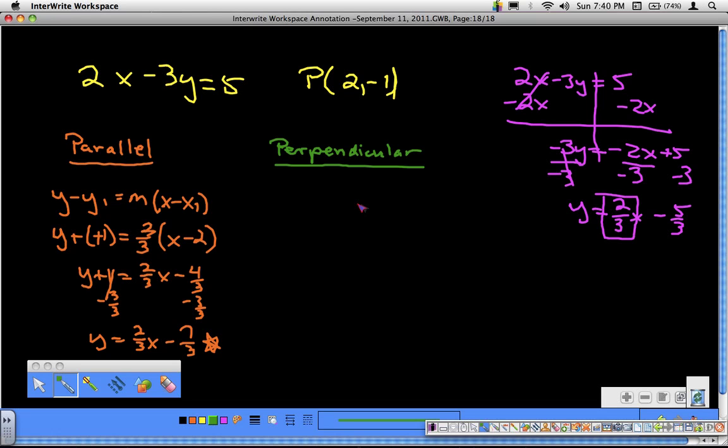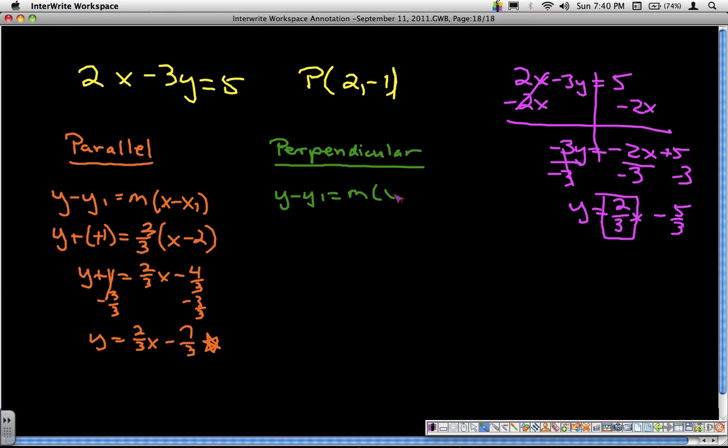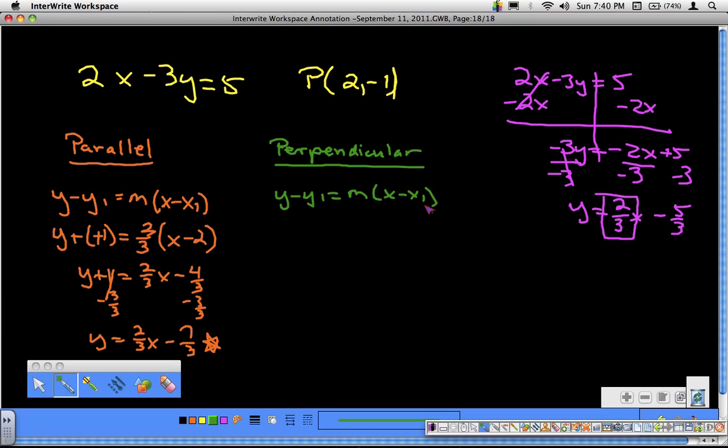So again, we know a point, we know a slope. Point-slope form. Again, let's fill in what we know. We're going to do y minus our y1, which is negative 1.